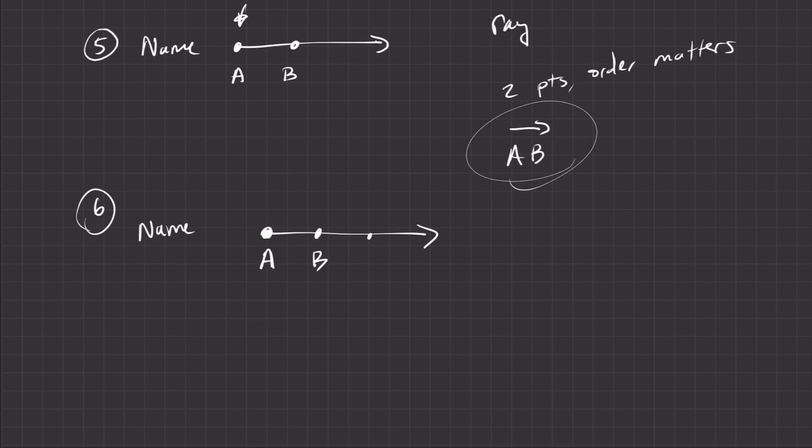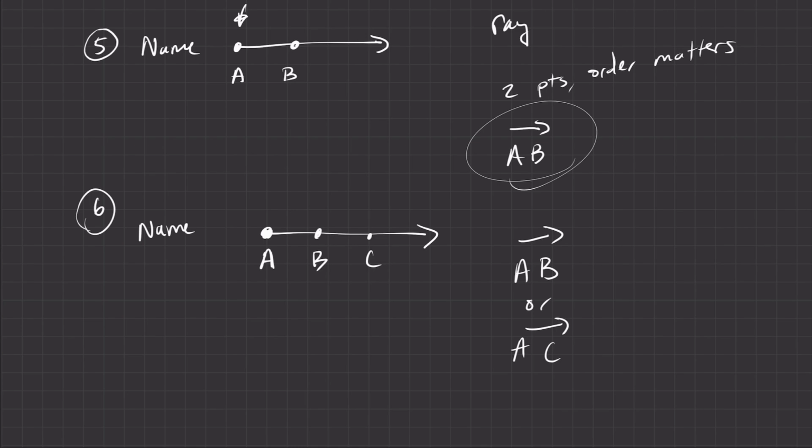A, B, C. We start with A, right? Because that's the starting point, and it's going to go towards B. So you can call that ray AB, or you can call that ray AC. As long as you have that A as the starting point, then you're good, okay? So that's how you name it.